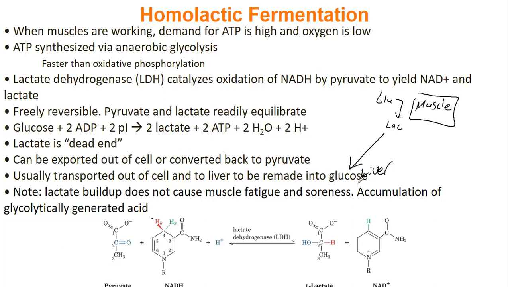Your liver takes that lactate, makes it back to glucose, and sends it back to your muscle. That way you can keep reusing the lactate to make more energy. Granted, you are using energy in the liver to do that, but when I'm using my legs a lot to run away, that's fine. Liver, use your energy, I need to keep my legs moving. So that's a way we can keep our muscles going in a prolonged state.